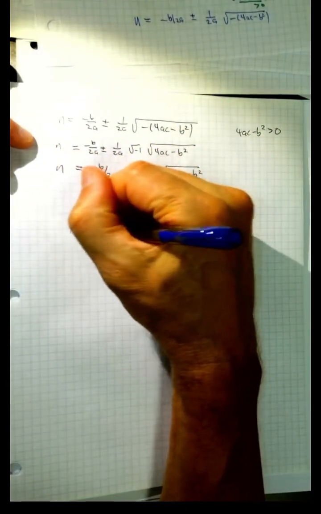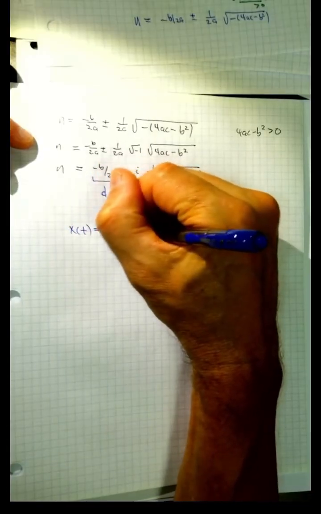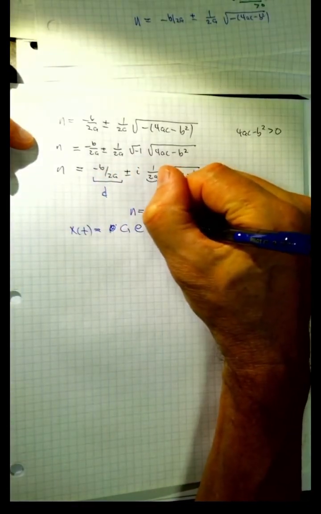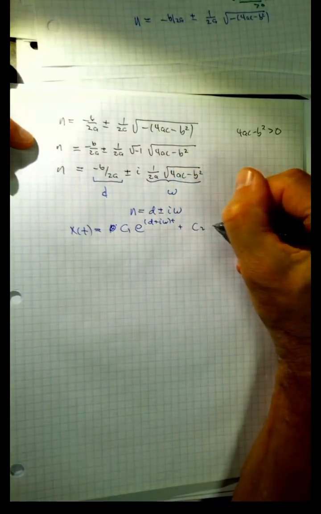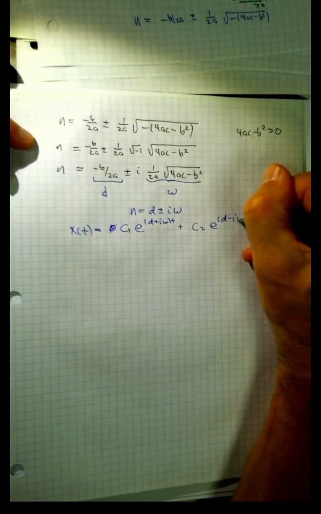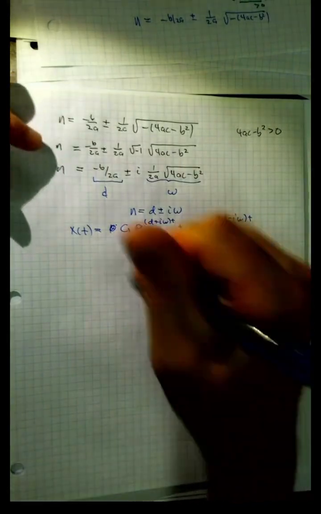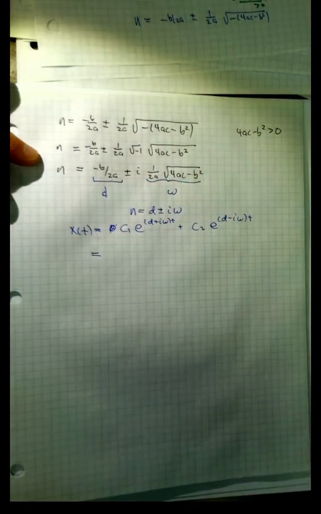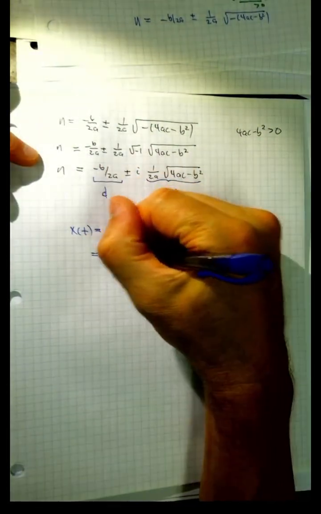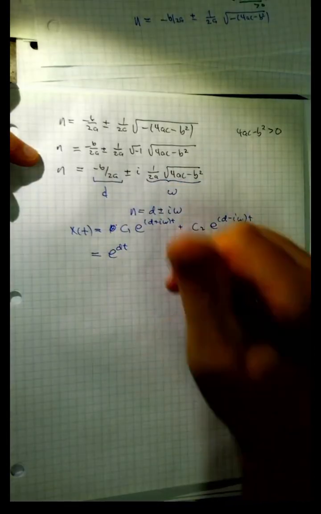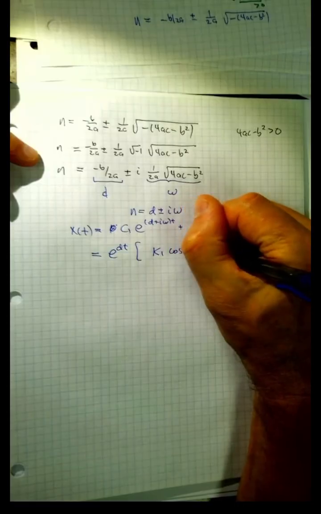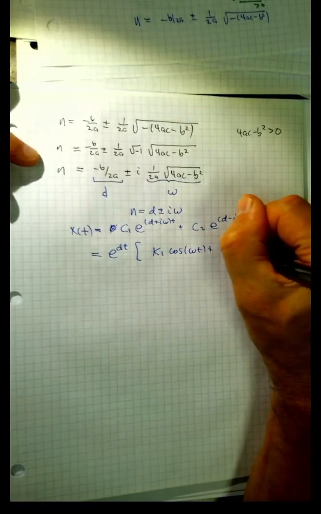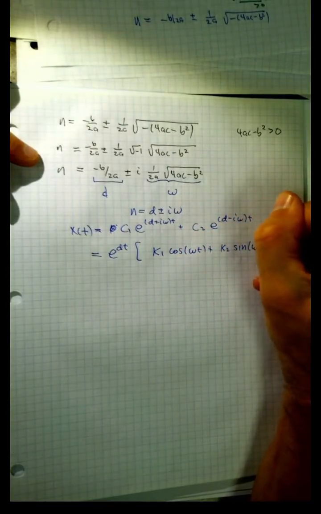And that means my x of t is going to be some c1 e to the d plus i omega t plus c2 e to the d minus i omega t. And we just went through and did all the algebra to find out that we can write this as e to the dt times k1 cosine omega t plus k2 sine of omega t.